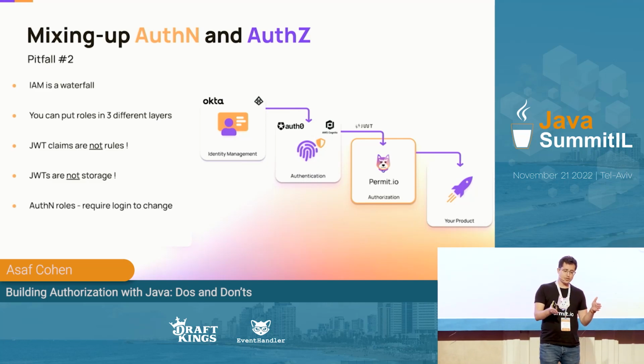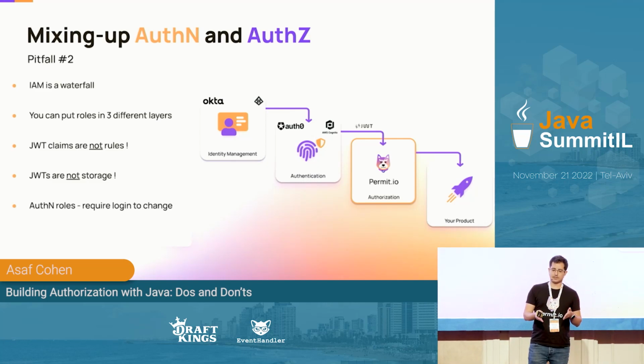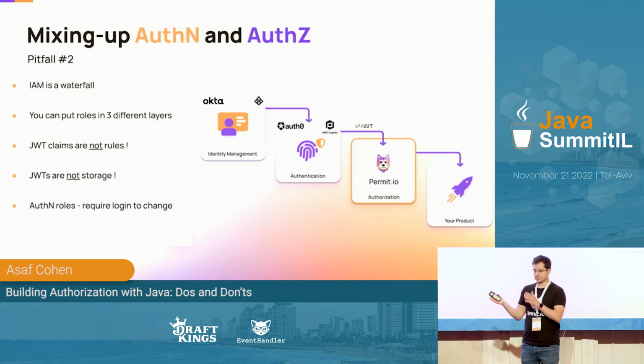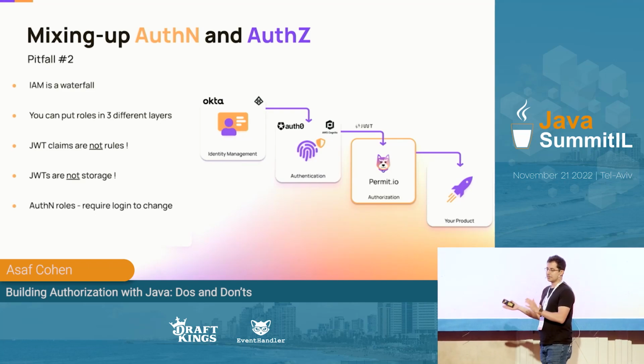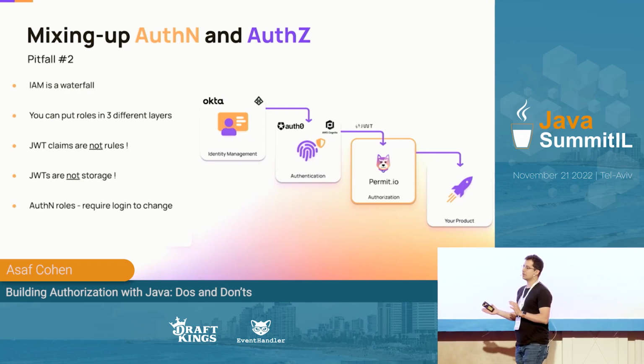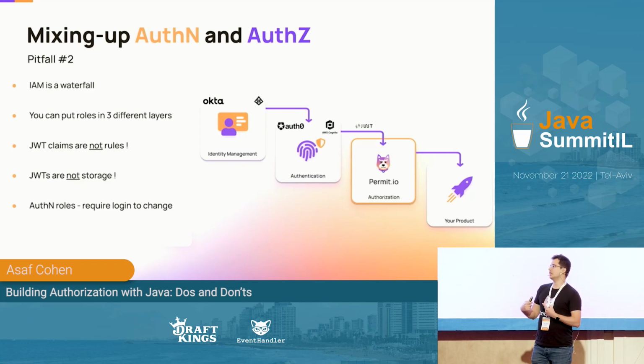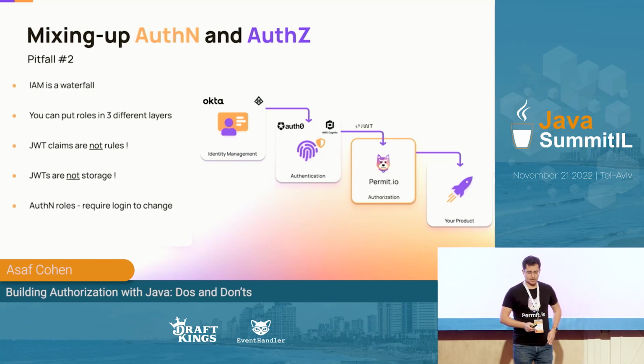So JWTs are for organizational data. And the authorization data should be kept within your authorization service. There is typically some form of logic to take the claims and translate them into a role, but that should happen within the authorization service, not encoded into the JWT.